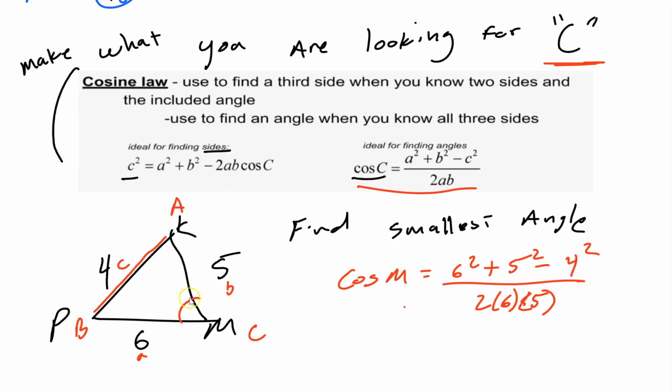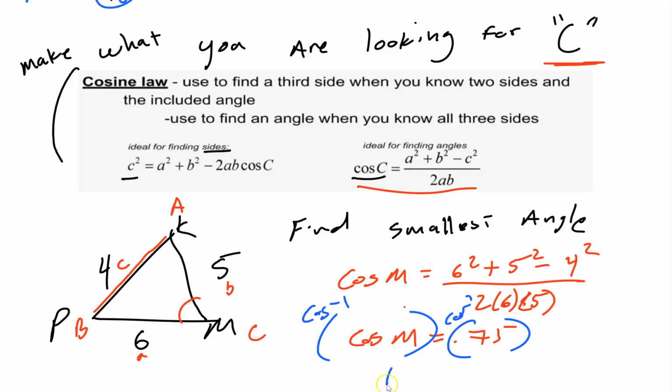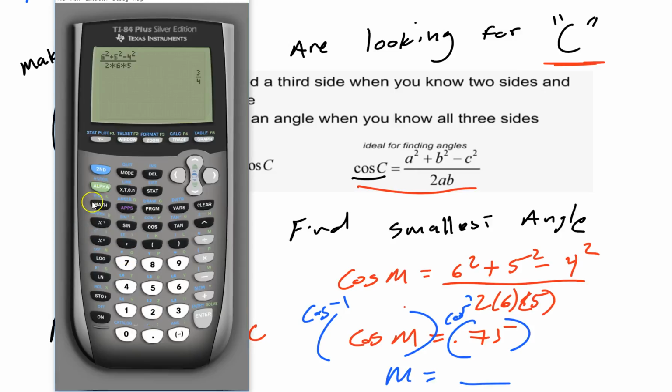Now remember the way you solve this. So I did cosine M equals 0.75. Now the way we get rid of the cosine, do cosine inverse on both sides. Again, it should be in degrees. I'm pretty sure my calculator right now is in radians. You get credit either way though. So if I did it right now, I'm in radians, and the answer doesn't make sense.